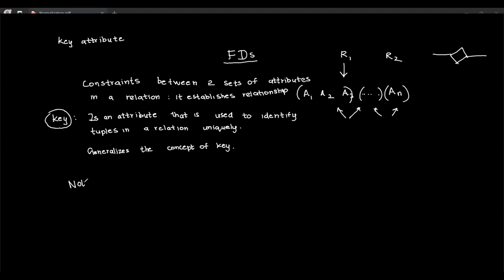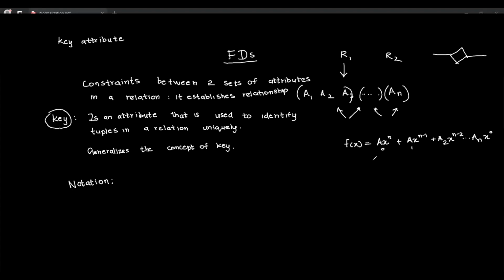Now, the notation. When you are considering FDs, please visualize whatever you have learned about functions in mathematics. For example, f of x is equal to a0 x to the power n plus a1 x to the power n minus 1 plus a2 x to the power n minus 2 until an x to the power 0.